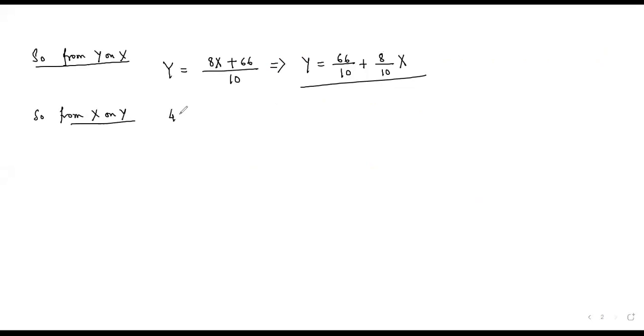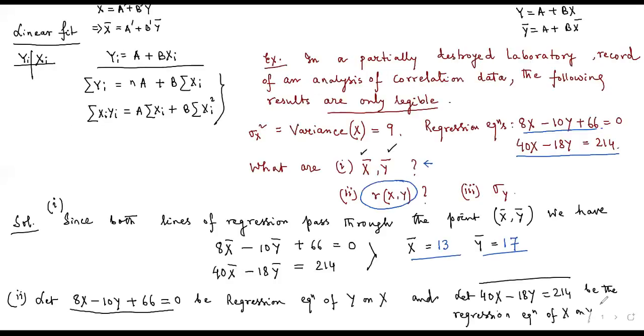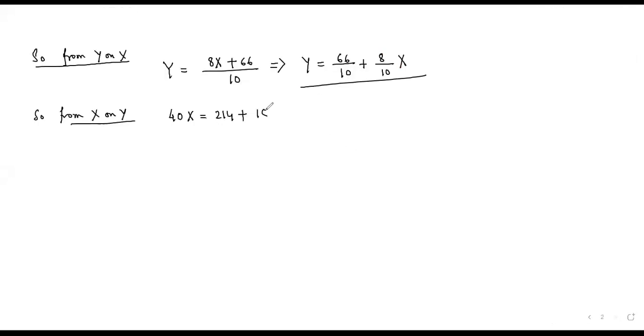So this implies that x is equal to 214 by 40 plus 18 by 40 into y.